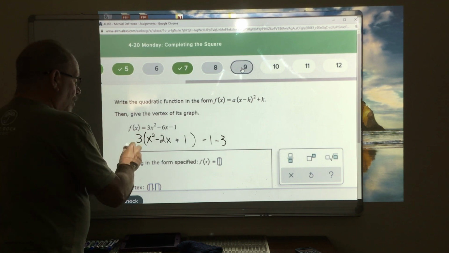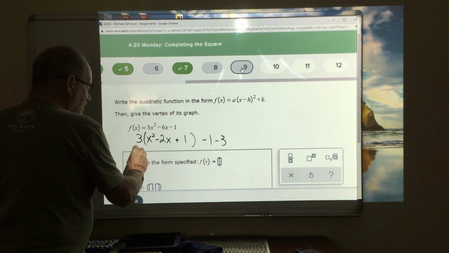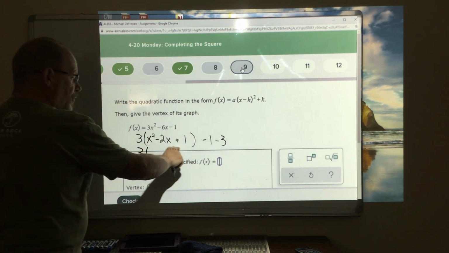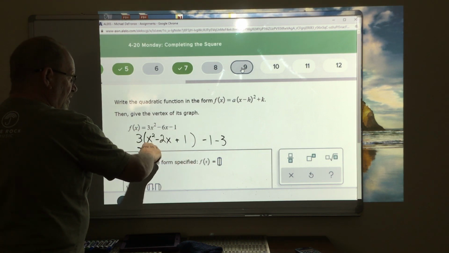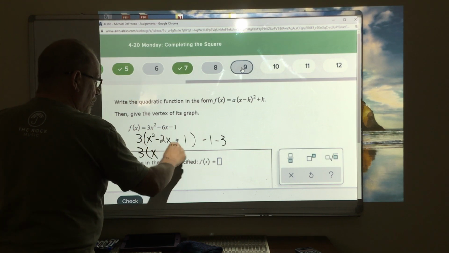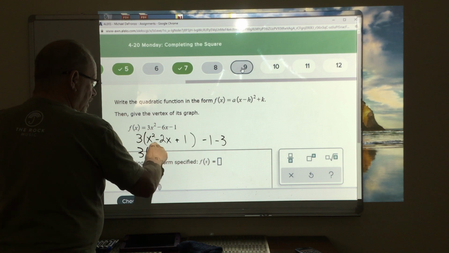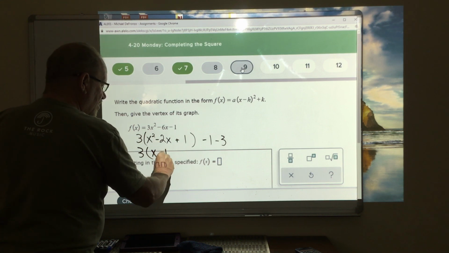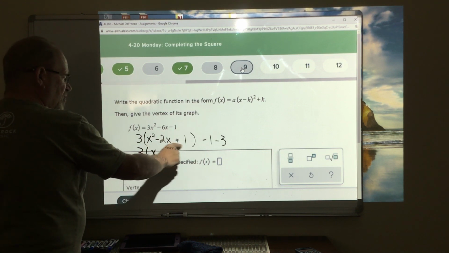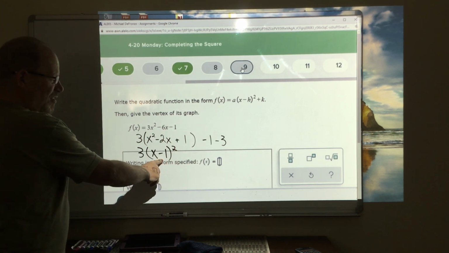Okay, now what I have is 3 times, and this is a perfect square trinomial. So a squared and b squared. Since this is a minus, that's a minus. That's what this is now inside the parentheses.